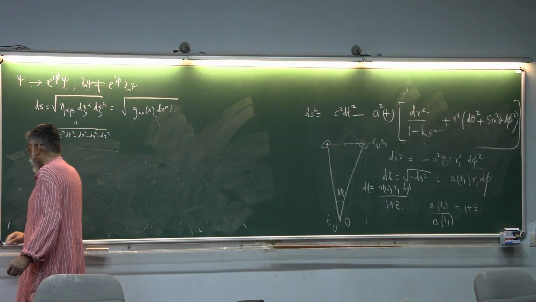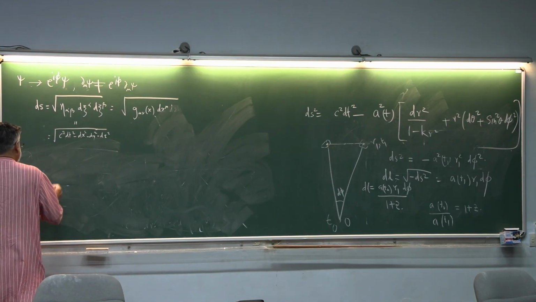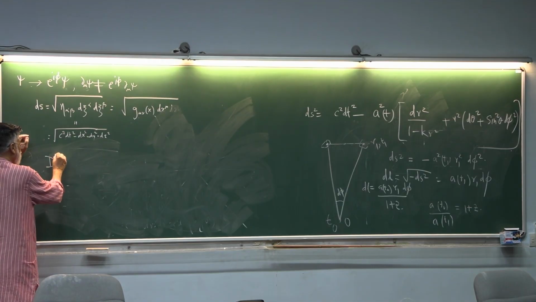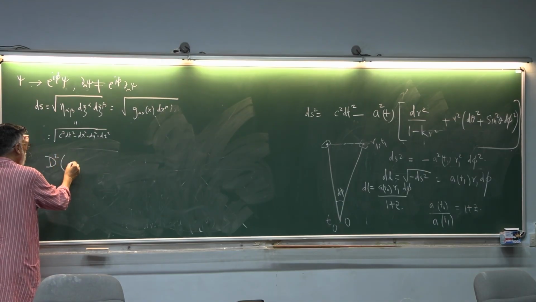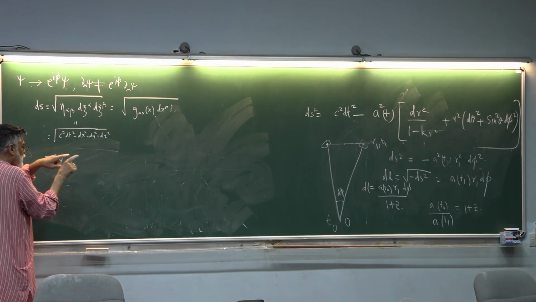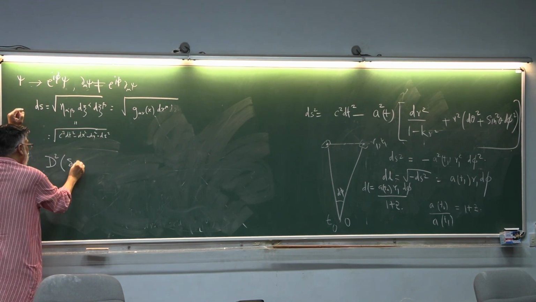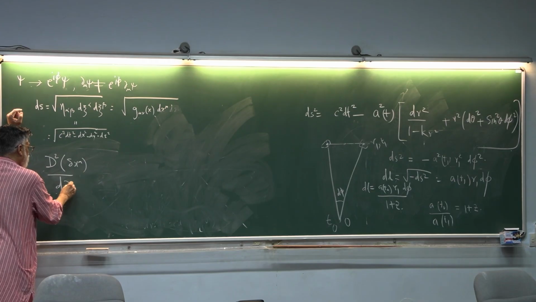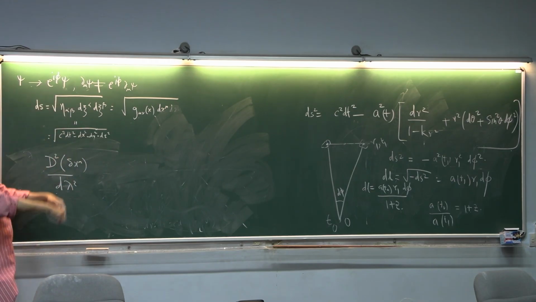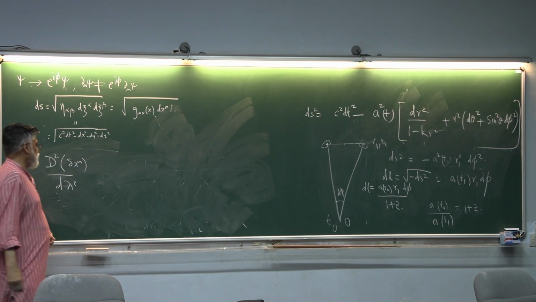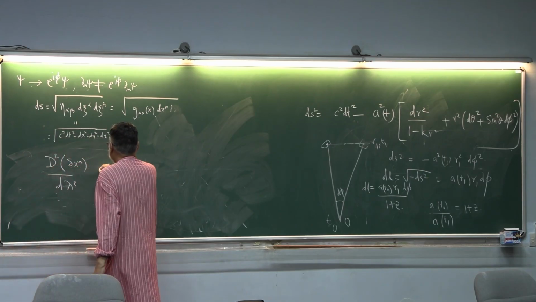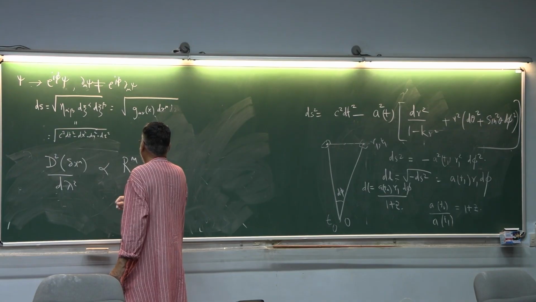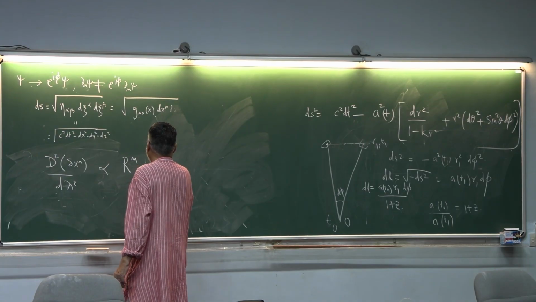Remember, capital D is the actual separation: D squared of delta x mu by D lambda squared, the separation between two geodesics, where lambda is labeling the geodesic. You could have taken the proper time also, or proper distance, it doesn't matter. It's proportional to R mu nu alpha beta.